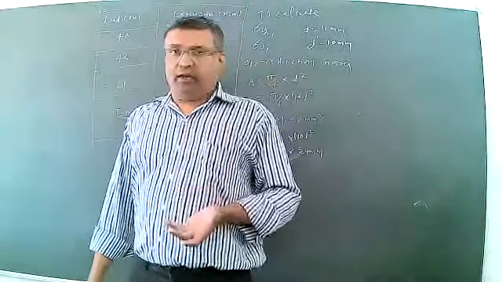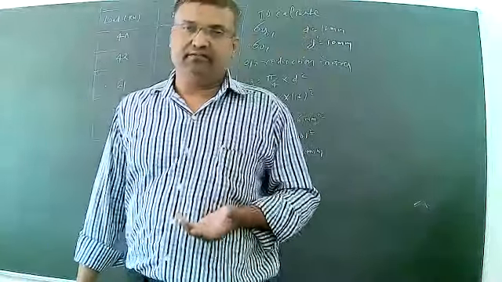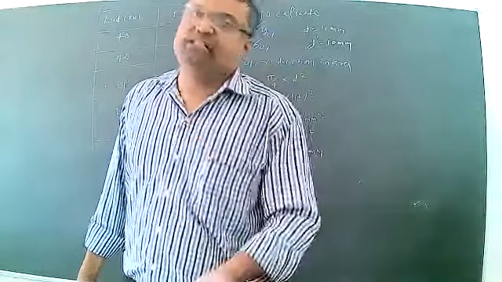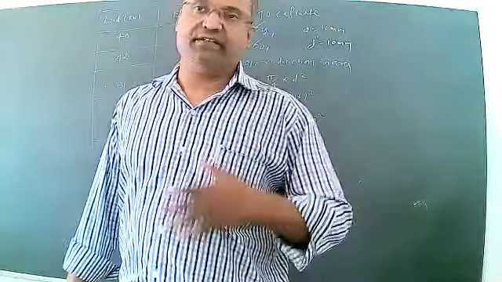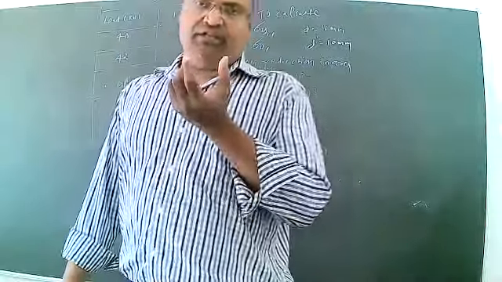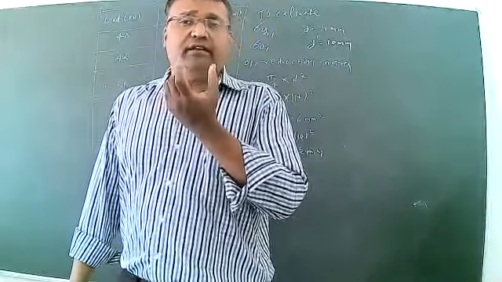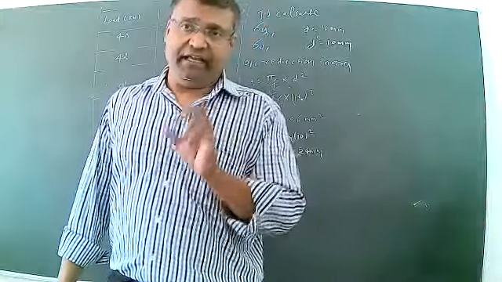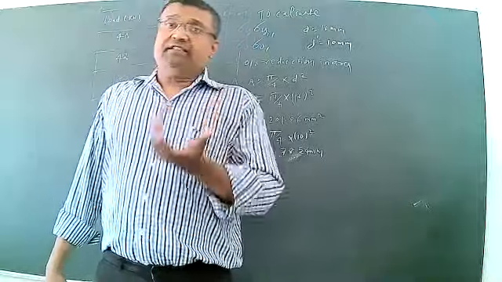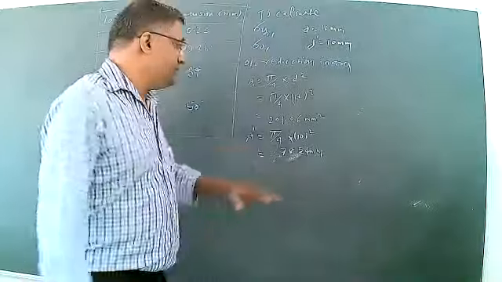Then you can also calculate the area of the neck. It means after the external tensile load acts on that original specimen, if the load increases further and further, then at the end stage that area will change. It looks like a neck, and the diameter of that neck is also provided in the problem. If the diameter is known, you can find out A dash, the area of that neck.